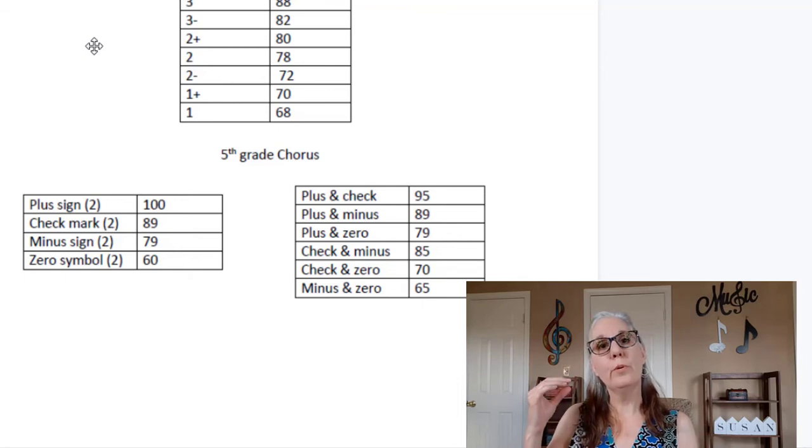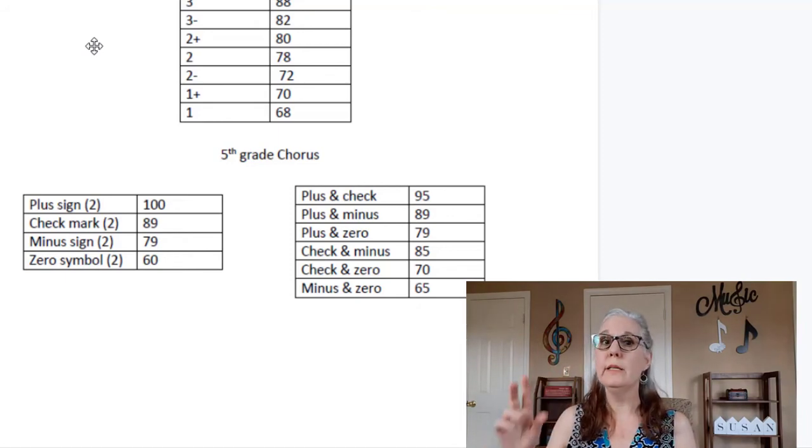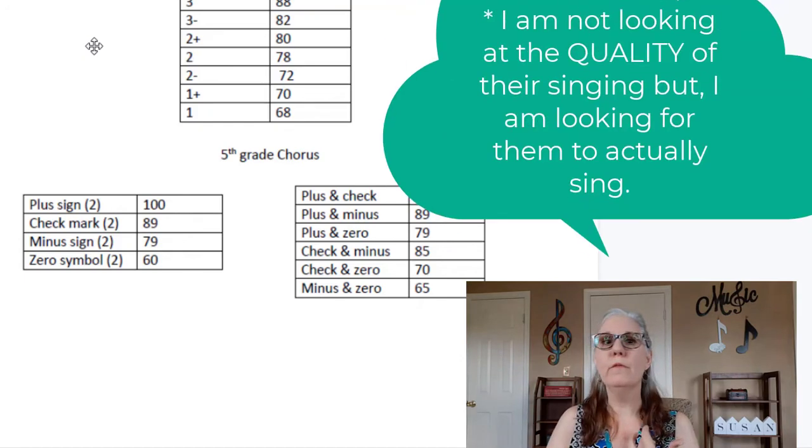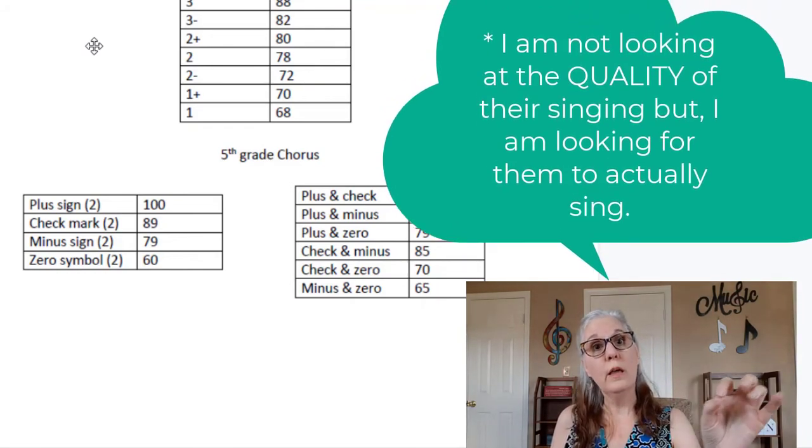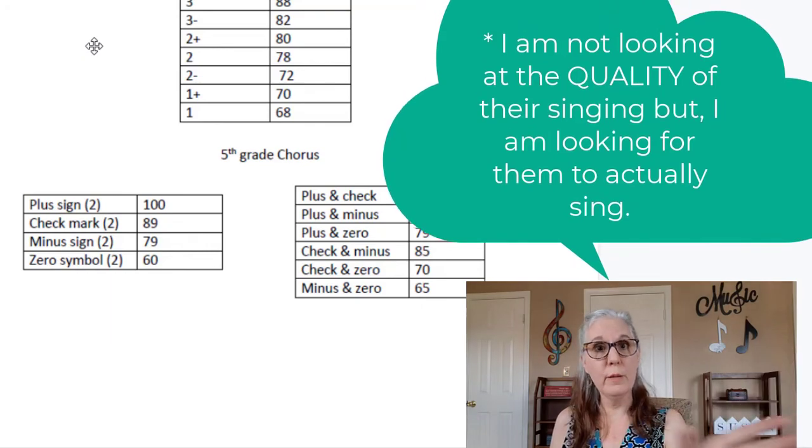And then the participation side, that will be another plus, check, minus system there. When I look around the room randomly, is that student singing? I'm not looking for if they're singing loudly. I'm not looking for if they're singing constantly. I'm just looking, are they singing? So if they're singing at all, and it looks like they're singing pretty much the whole class time, that's obviously a plus.